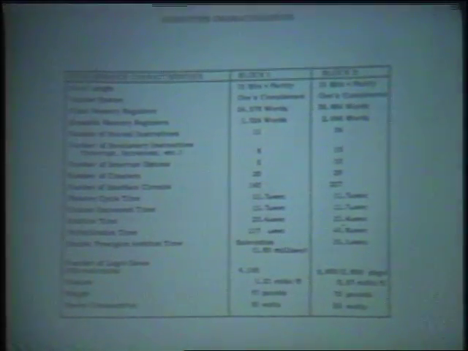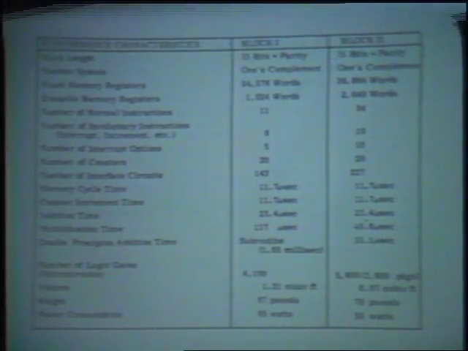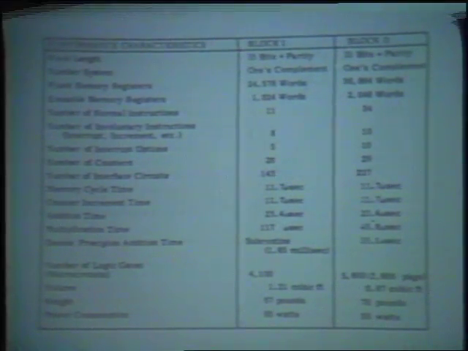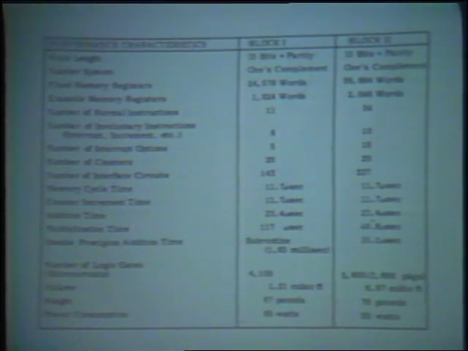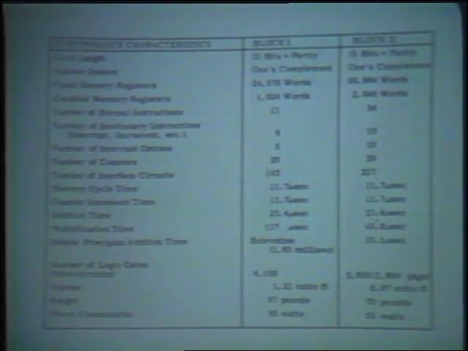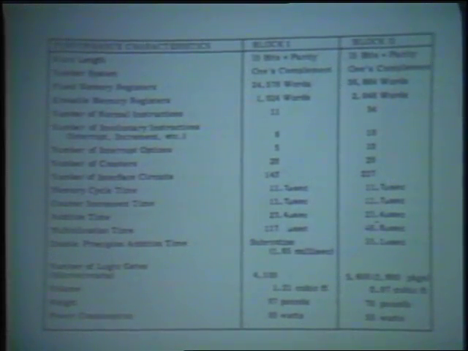I've already mentioned it's an increase in the size of the memory from 24,000 words to 36,000 for the read-only memory, and 1,000 words to 2,000 in the erasable memory. Considerable increase in the number of instructions. A significant increase in the number of interface circuits from 143 to 227. And then here's an increase in speed. For example, the multiplication time went from 117 microseconds to 46 microseconds.